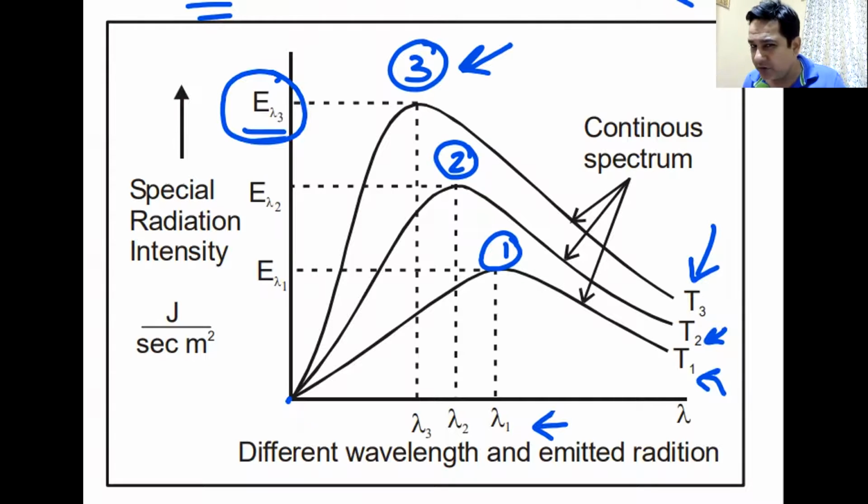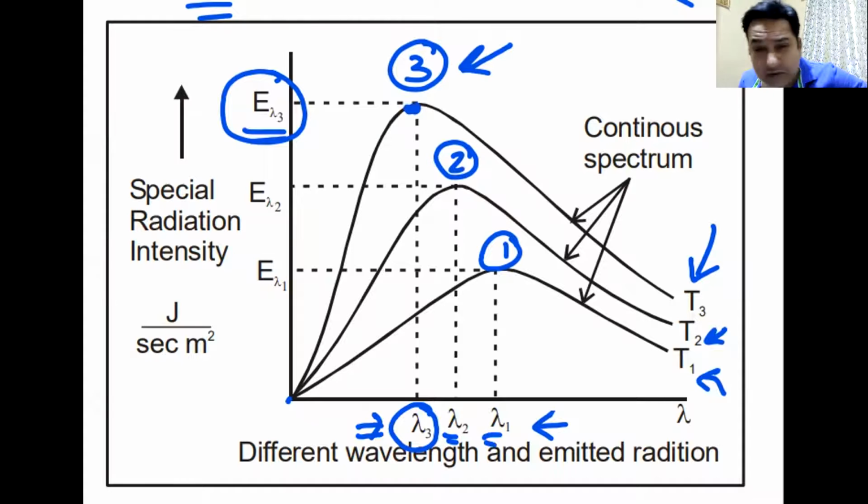Now let us think about the second thing, and let us think about these lambdas. Now let us look at this lambda 3. This lambda 3 is the wavelength of the radiation which has the most energy. Yes or no? Similarly, lambda 2 is the wavelength of the radiation which has the most energy at temperature T2.